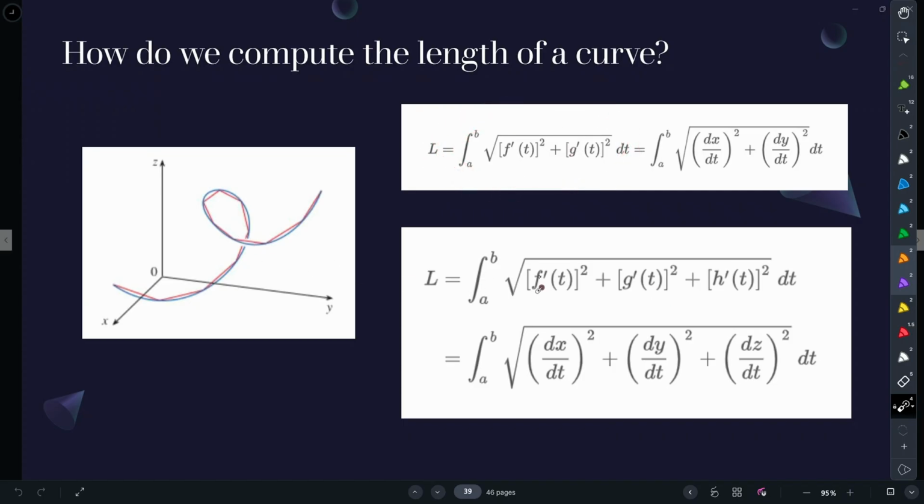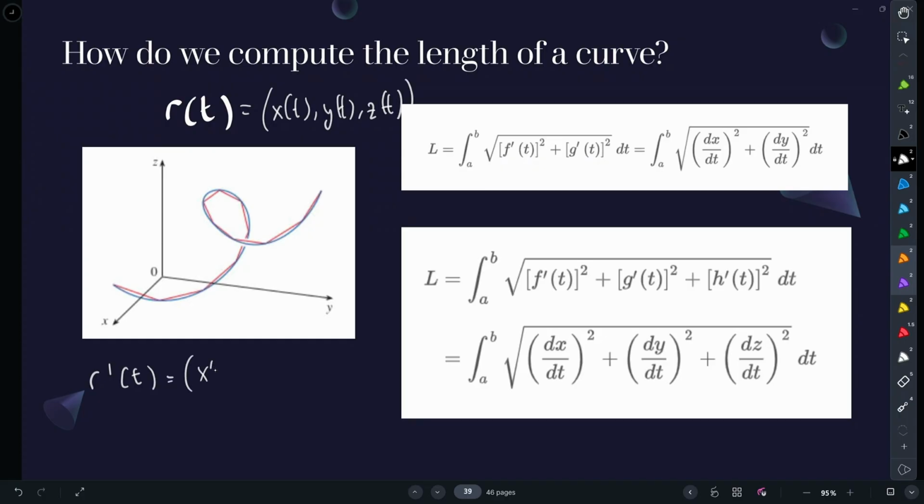And then you can see that if you want to compute the length of the tangent vector at a point, remember that if this was given by r(t), with a function for x, a function for y, and a function for z in terms of t, then r prime is x prime, y prime, z prime, all with respect to t.